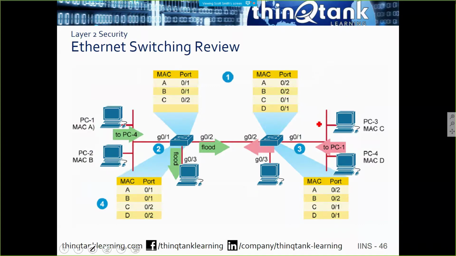Now this PC talks to this PC. The CAM table is full. Do the frames get propagated? Yes. Just because the switch doesn't know how to get to a destination doesn't mean it drops the frame. What's going to happen is this PC's MAC address is not going to end up in the database like it normally would.